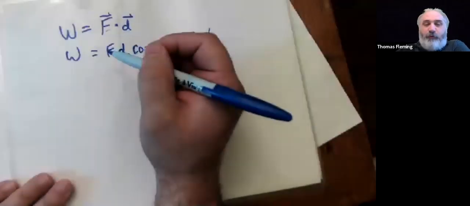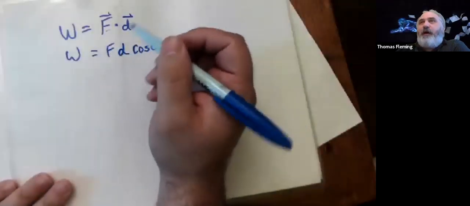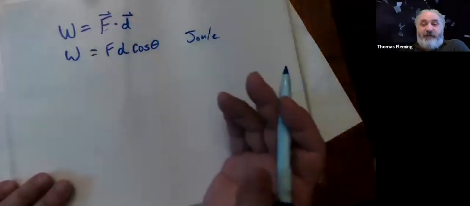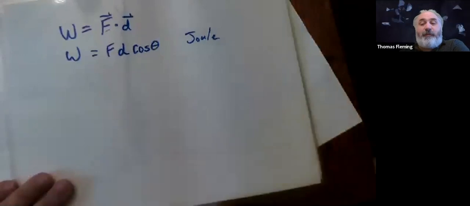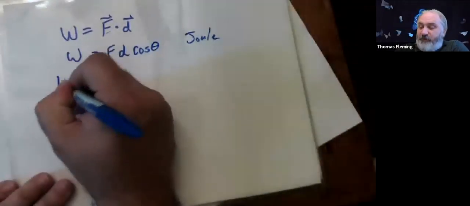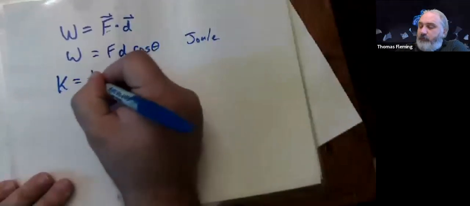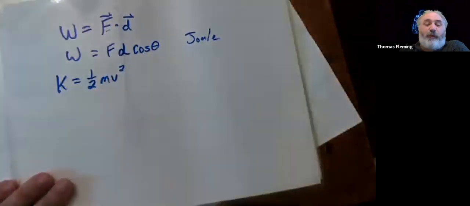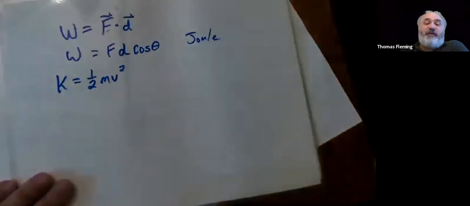We next learned that there was a relationship between the amount of work done to an object and the kinetic energy of an object. Kinetic energy, of course, is the energy something has invested in its motion, and it was defined as 1/2 mv squared. That is the kinetic energy of an object.